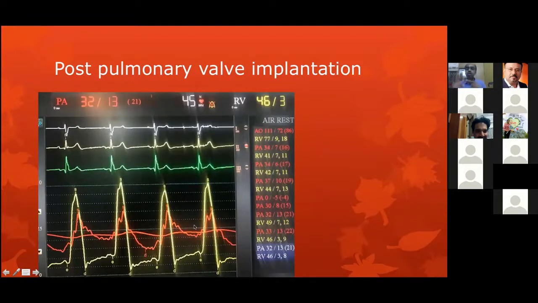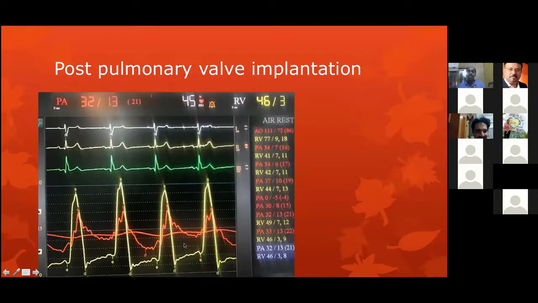So the rule of aortic valve replacement and pulmonary valve replacement is that a good diastolic gradient should come. In other words, the pulmonary artery diastole should go up enormously higher than the right ventricular diastolic curve. So this diastolic gradient is extremely crucial.